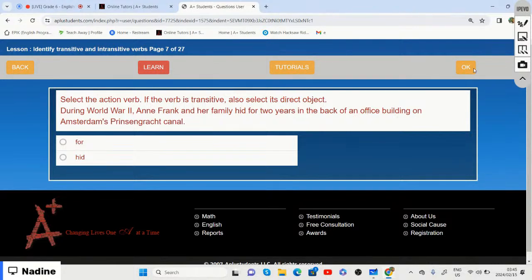So we need to select the action verb. Is it for or is it hid? The action verb, the action taking place.